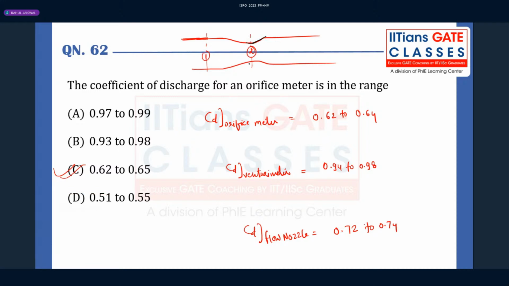There was a very smooth transition. That's why the losses are in a very limiting value.